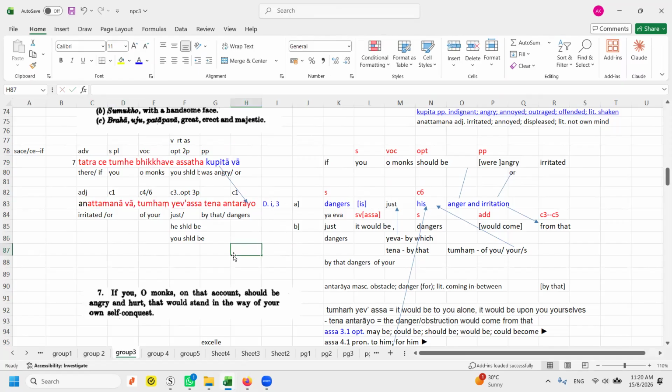Where is the ablative from? Yewa is by which, and asa should be. No, no, what I mean is the from that anger and irritation. Is it? I got it wrong, I think. The C3, C5 here on the far right.